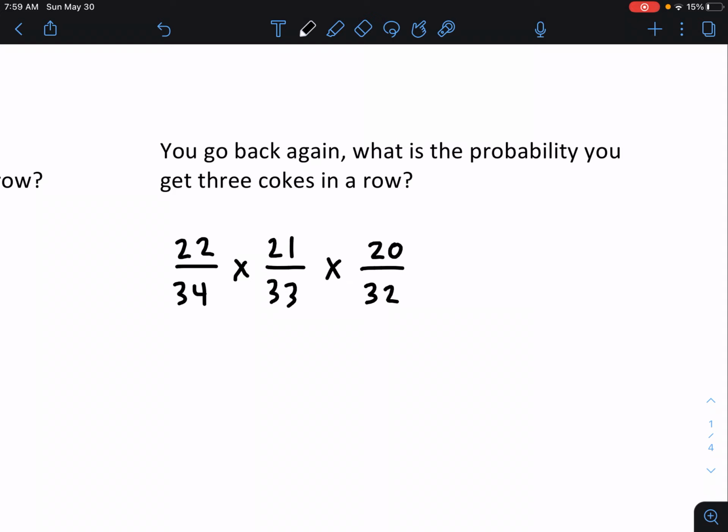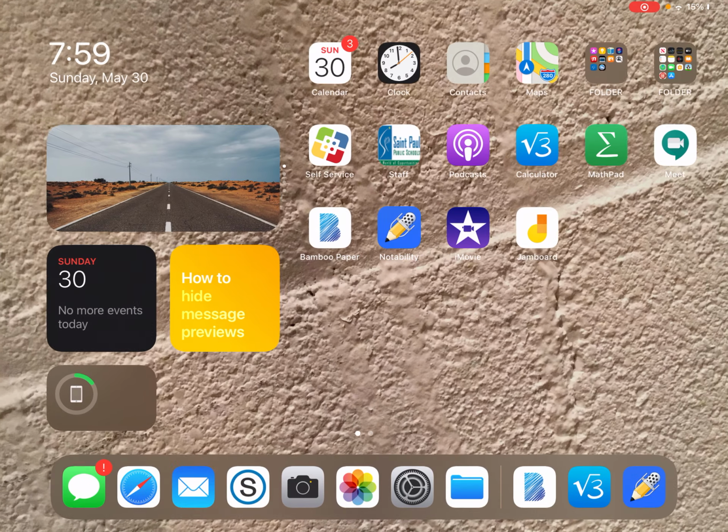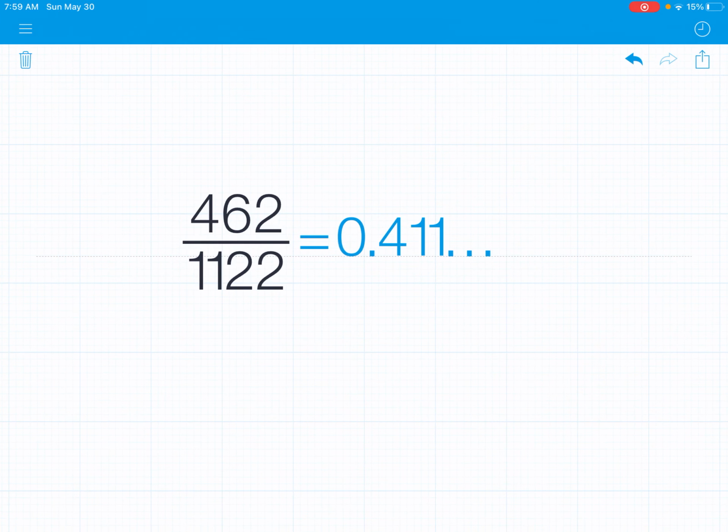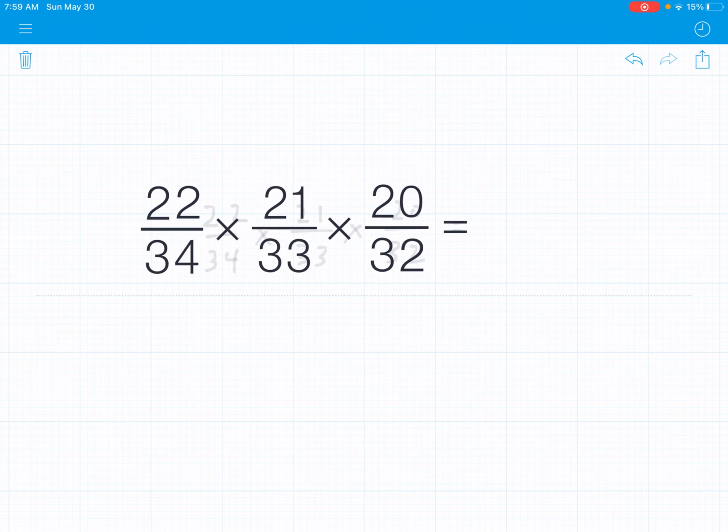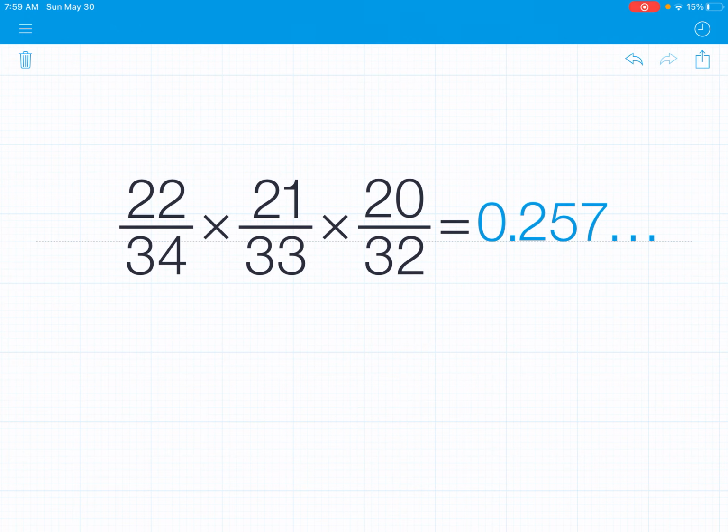Now, I'm wondering if I could do all of these at once. Let's try it. If you use this calculator, let's try this. 22 over 34 times 21 over 33 times 20 over 32 equals. Wow, look at that. So if you want to use this calculator, if you have this one, I would do it, because that's a lot faster than multiplying the tops, then multiplying the bottoms, then dividing.